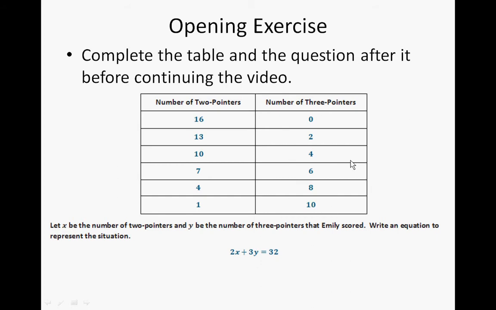Again, they could be in any order, but here are some examples you could have. Therefore, our equation would be 2 times x plus 3 times y equals 32, with 2 representing the points for 2-pointers, 3 representing the points for 3-pointers, and x and y representing how many of those you make.